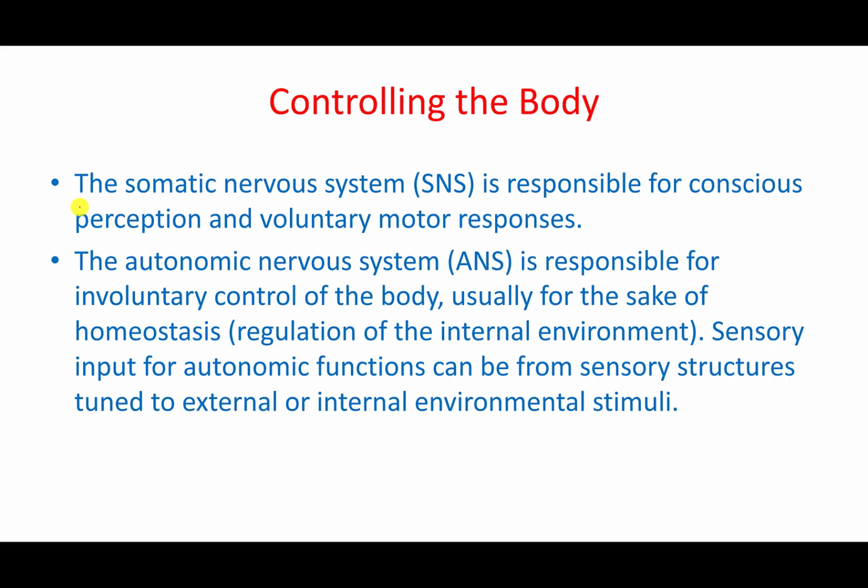Now, for controlling the body, very briefly, as I said, we are going to talk about it in the coming chapters. We have something called the somatic nervous system. This is responsible for conscious perception and voluntary motor responses. So usually this is for skeletal muscles.